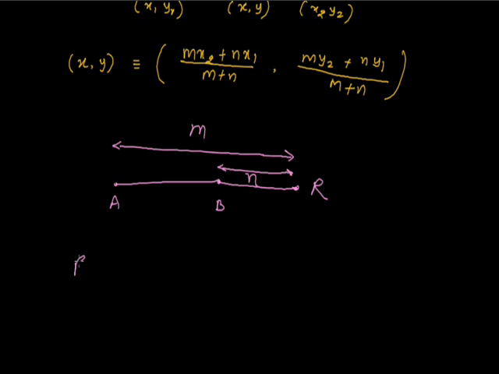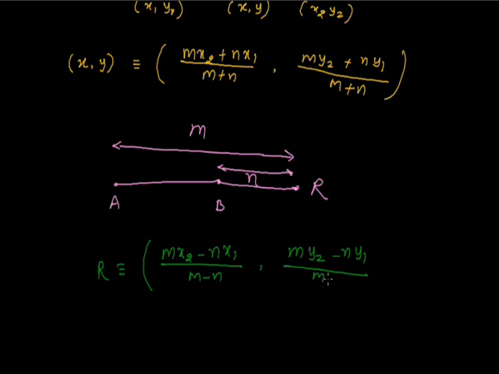Then the coordinates of R will be given as (mx2 minus nx1) divided by (m minus n) and (my2 minus ny1) divided by (m minus n). So these are the basic formulas used for finding the coordinates of any point dividing the given line segment in the given ratio m to n.